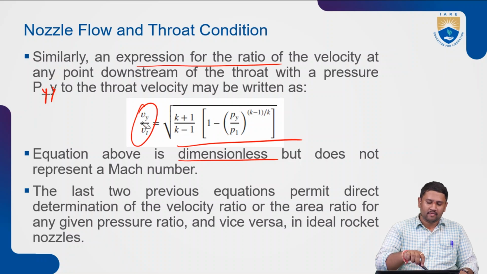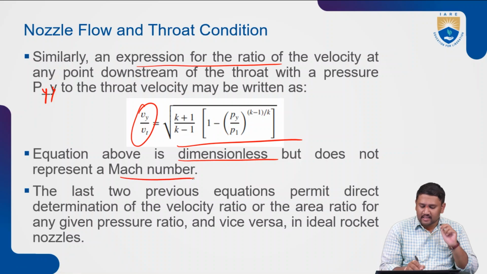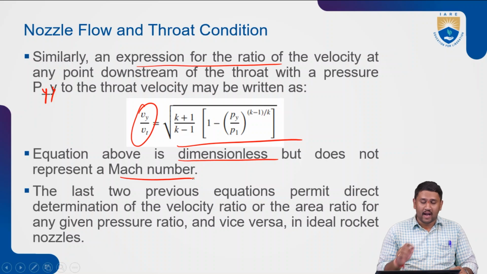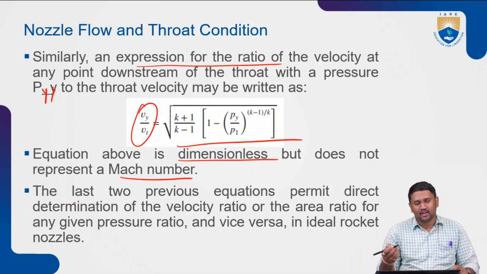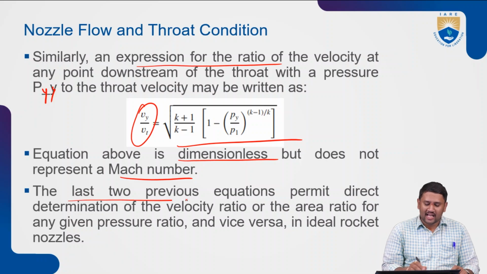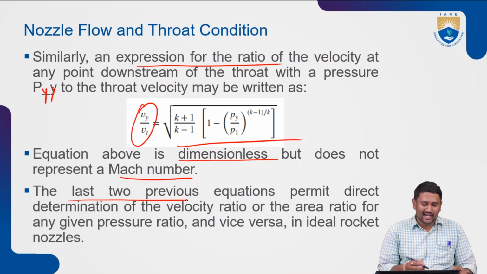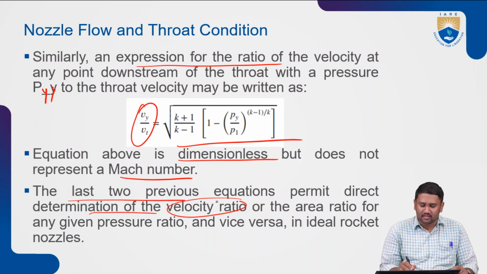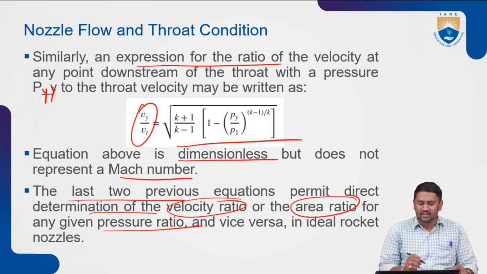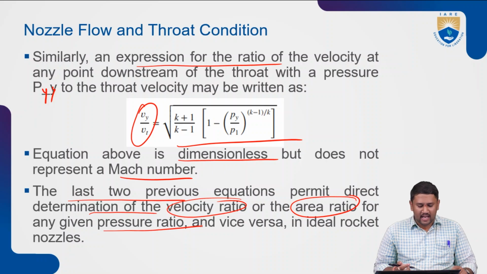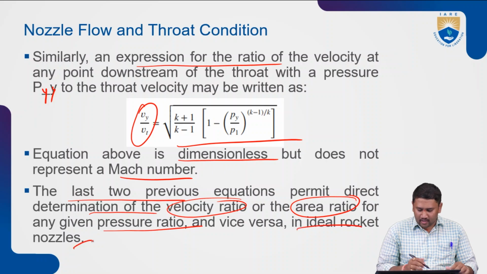But it does not represent the Mach number, because Mach number is represented in terms of speed, particularly the speed of sound. And the last two previous equations permit the direct determination of the velocity ratio as well as the area ratio for any given pressure ratio or vice versa, for ideal rocket nozzles.